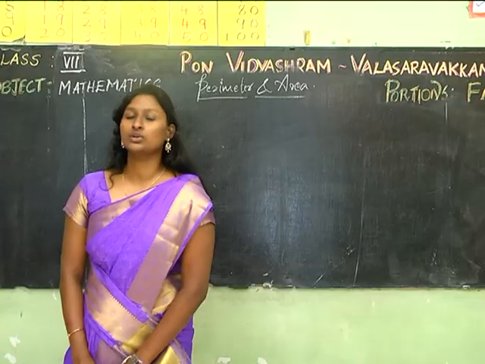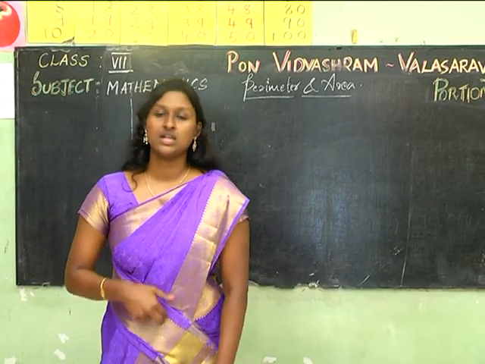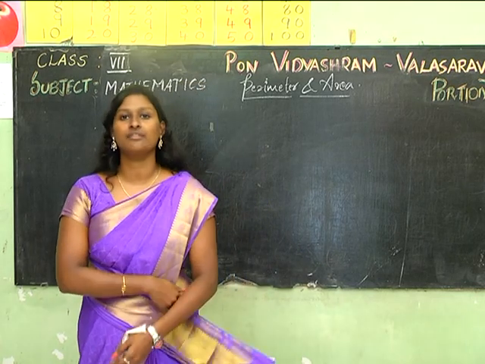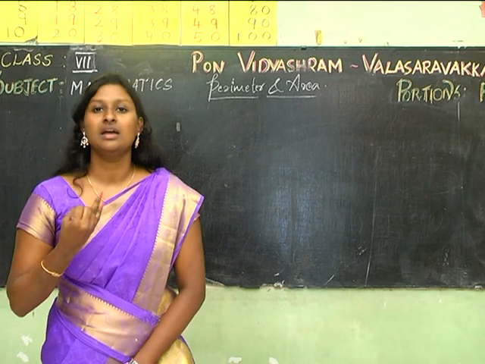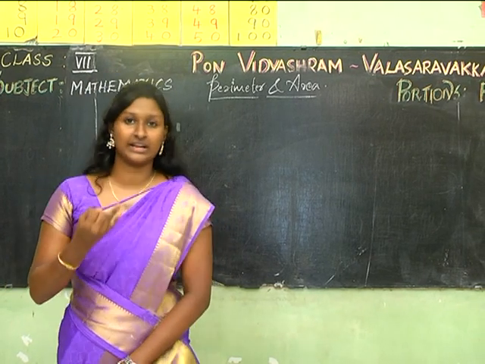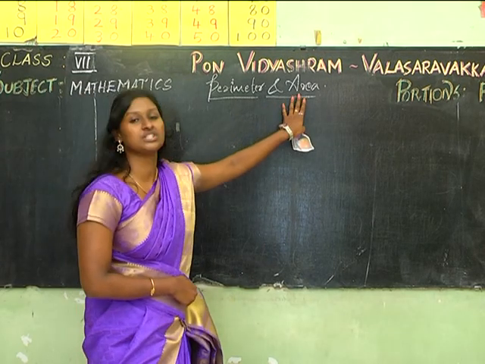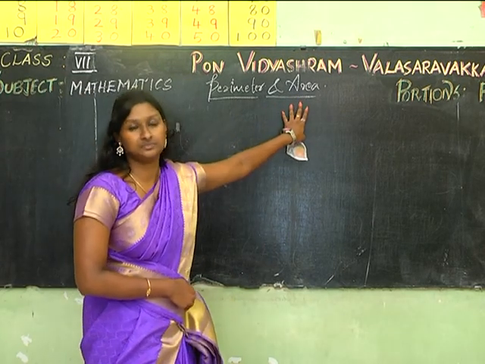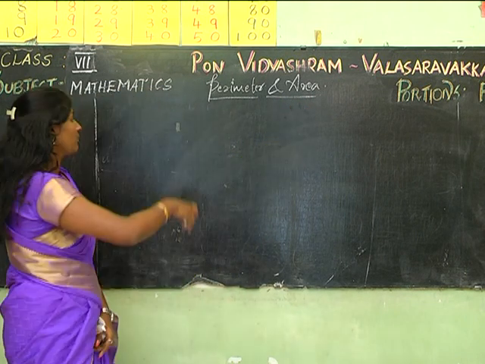Thank you. So today we are going to see the class 7 topic perimeter and areas. In our earlier classes we learned the perimeter formulas for square, rectangle, and so on, and the area formulas for square, rectangle, parallelogram, and triangle. So let me take a problem now.